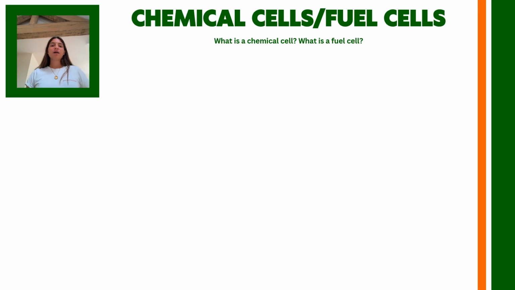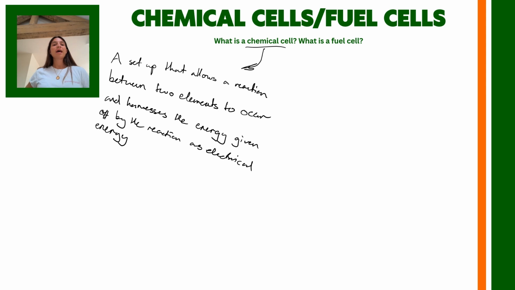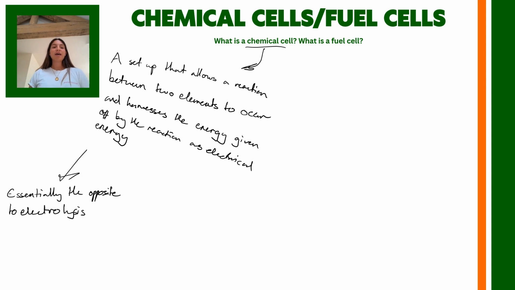Okay, what is a chemical cell and what is a fuel cell? So a chemical cell, we have a setup that allows a reaction between two elements to occur, and then you can harness the energy that is given off in that reaction and use it as electrical energy. And really, that's kind of like the opposite to electrolysis in a sense. In electrolysis, we had a compound, like an ionic compound.